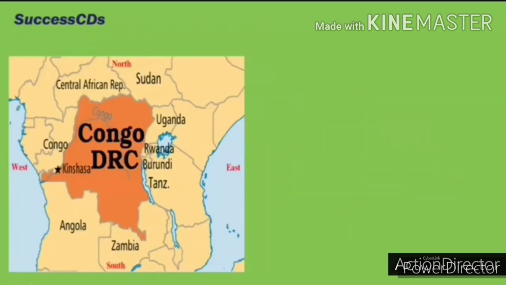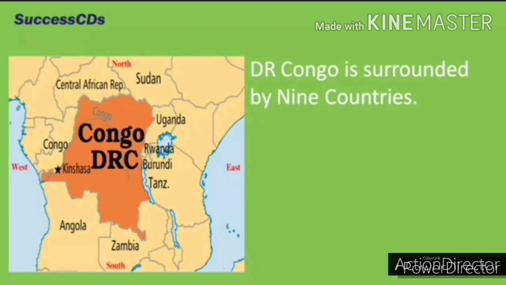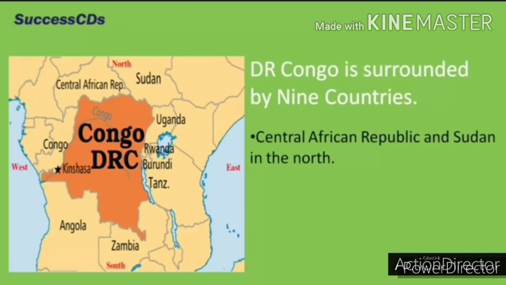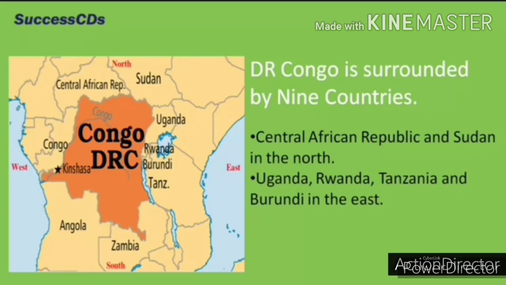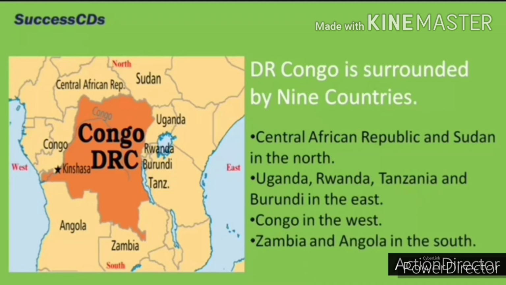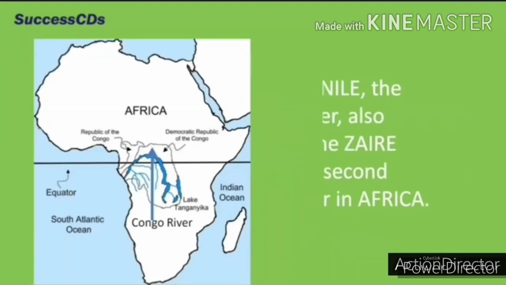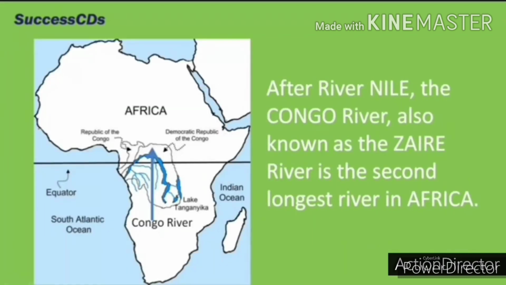Its capital is Kinshasa, located on the Congo River. The country is mostly landlocked from all sides. The country's major topographical features include a large Congo River basin.